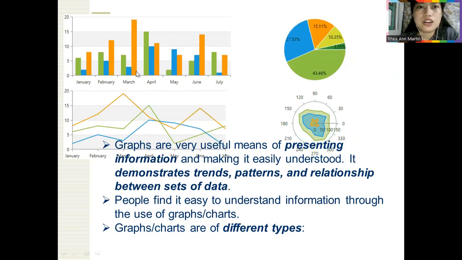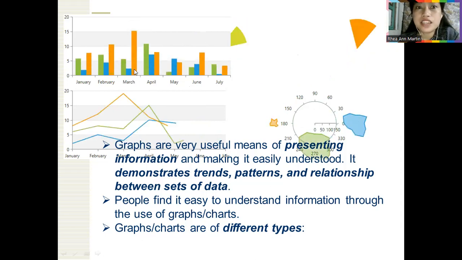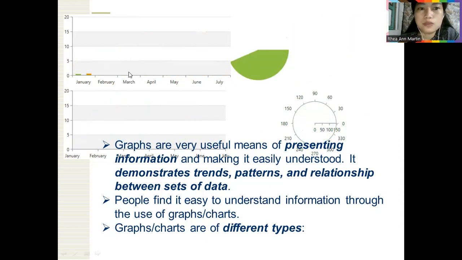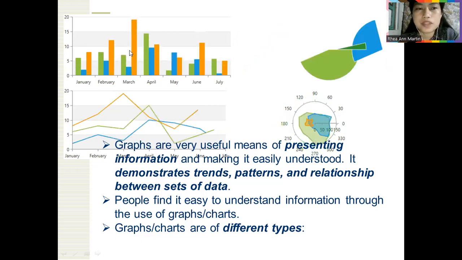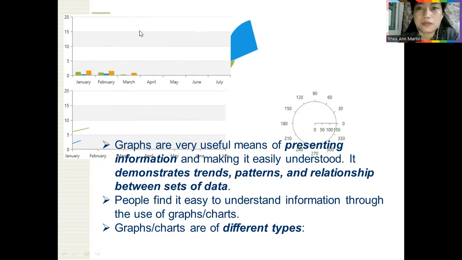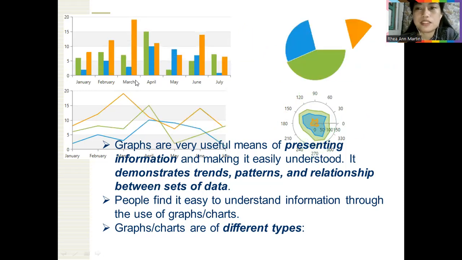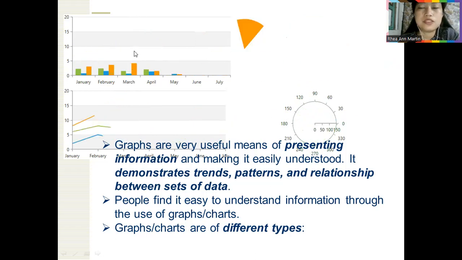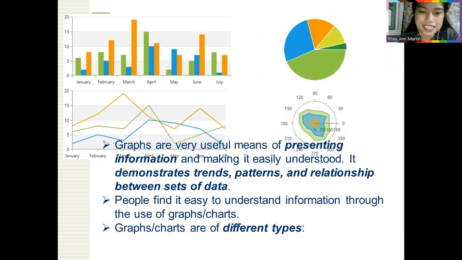For example, orange represents the enrollment of girls while blue is the enrollment for boys. So you can see the comparison of the two. The enrollment for girls is higher, while the boys' is shorter because the boys' graph is smaller than the girls'. So from the picture alone, you could interpret data.